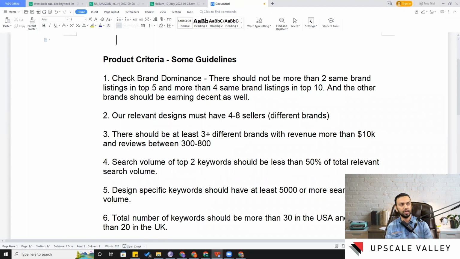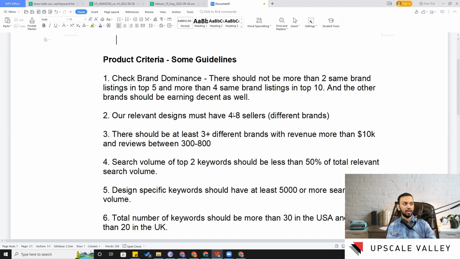That's more important. We do have some flexibility here. I will also keep sharing which criteria are absolute, where we have strict compliance, and which ones we can have flexibility on. In the first one we do have some strictness, but in this one we have some flexibility, and that is more about the design-specific keywords rather than the design sellers.